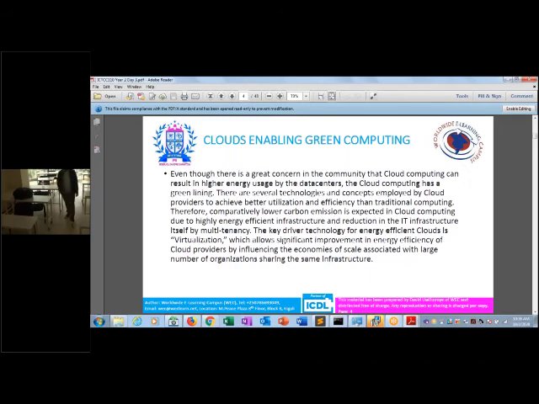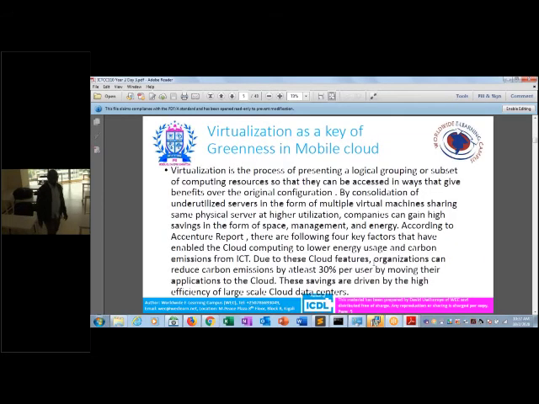So virtualization is a key to greenness in mobile cloud. Let us now understand virtualization deeply. Virtualization is the process of presenting a logical grouping or subset of computing resources so that they can be accessed in a way that gives benefits over the original configuration.